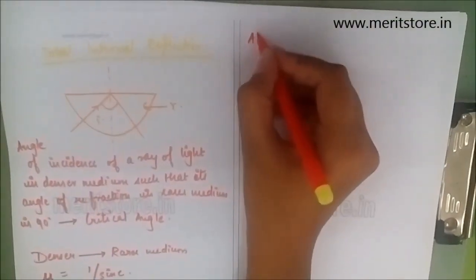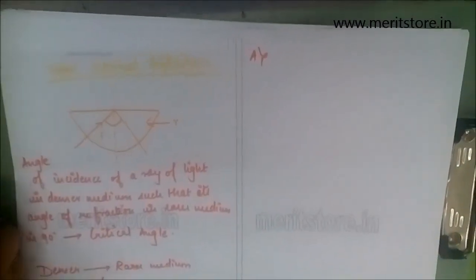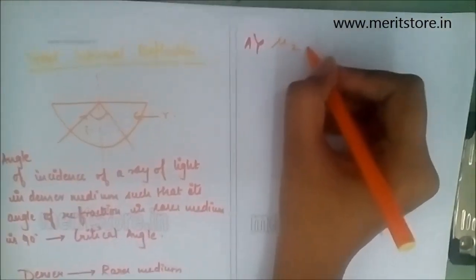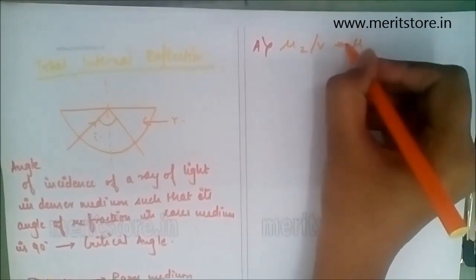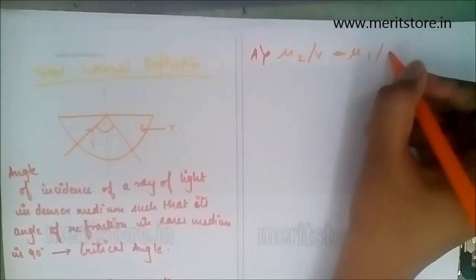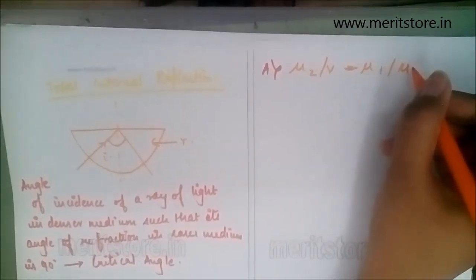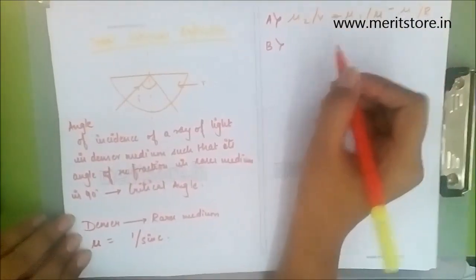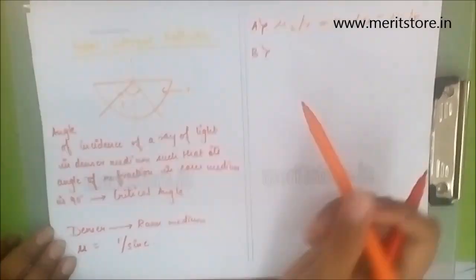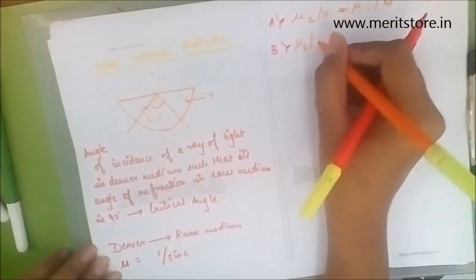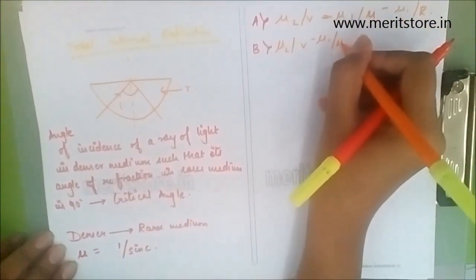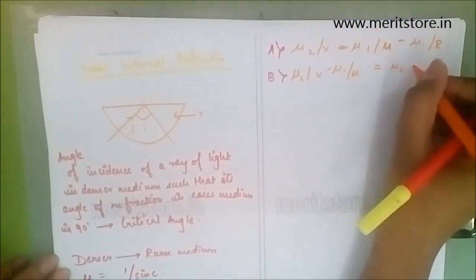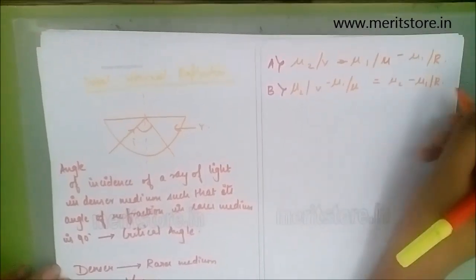Let's consider case A, where refraction at a convex surface produces a real image: mu2 upon V is equal to minus mu1 upon U. Case B, where refraction at a convex surface produces a virtual image, is given as mu2 by V minus mu1 upon U, which is equal to mu2 minus mu1 upon R.